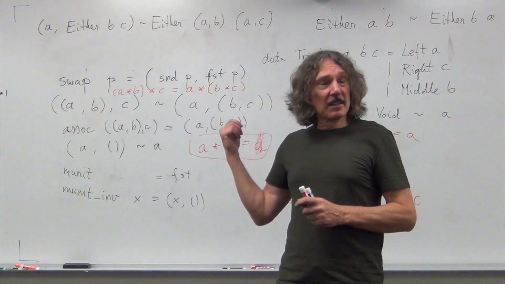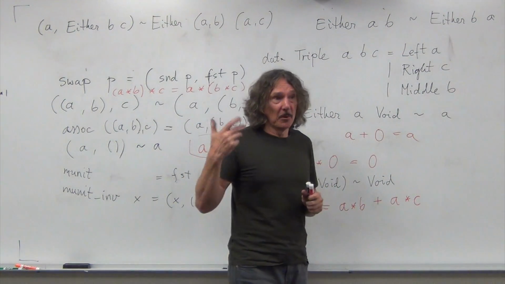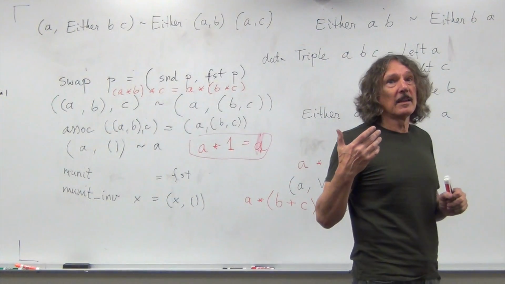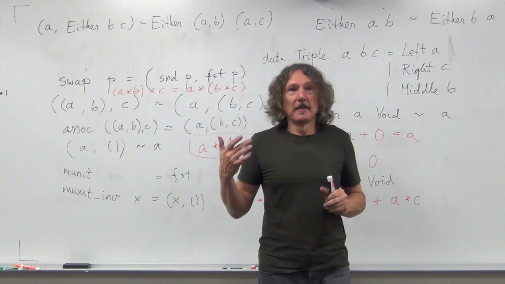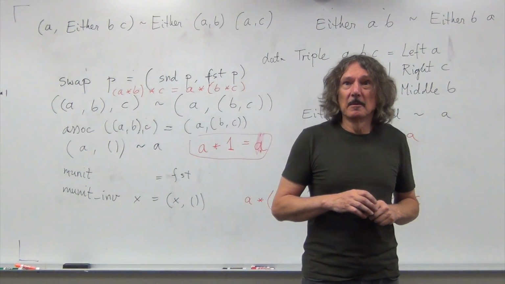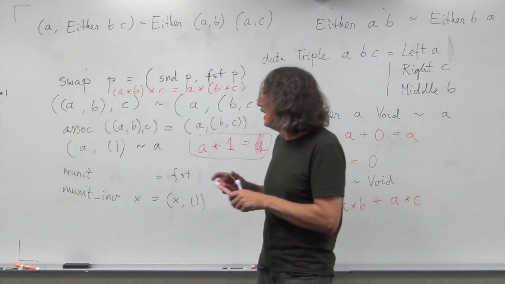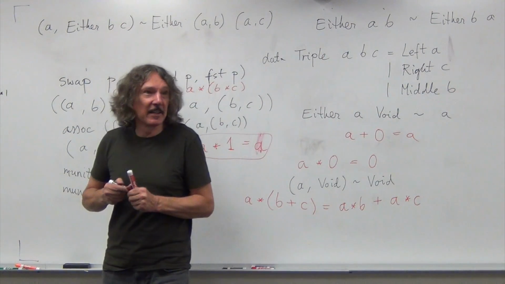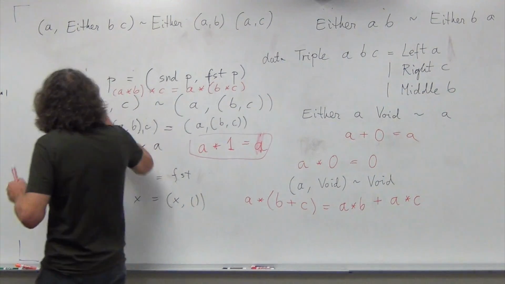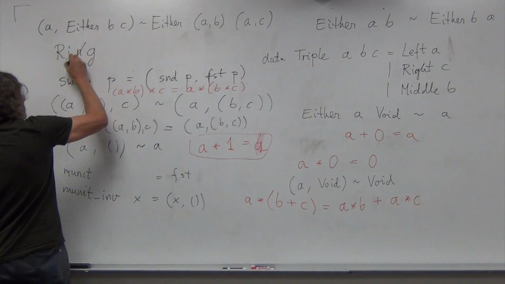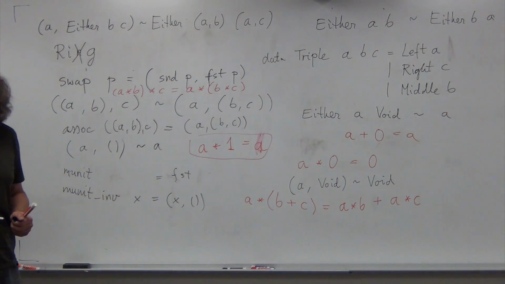So a ring that has no inverse is called a rig. It has a missing n. Rig. Or it's called a semi-ring. So it's a ring without an n, without negative.